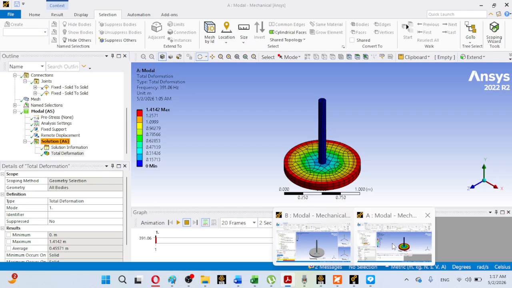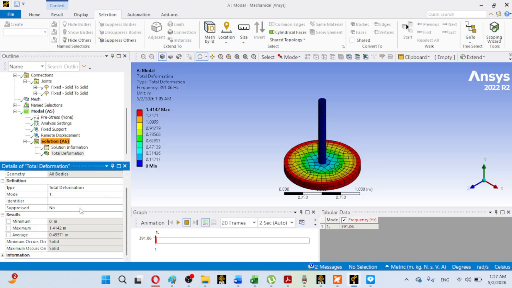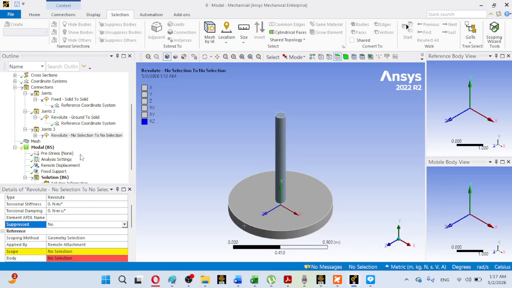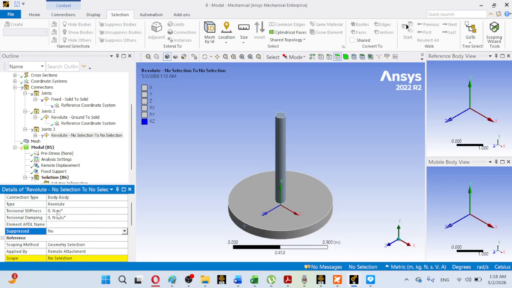After that, the very important thing you will do, as I have inserted the joint here in this B module, is input these values. What are these values I have used? Torsional stiffness.